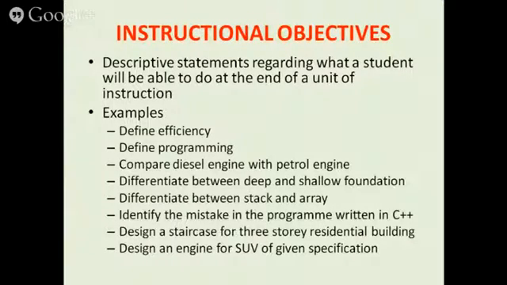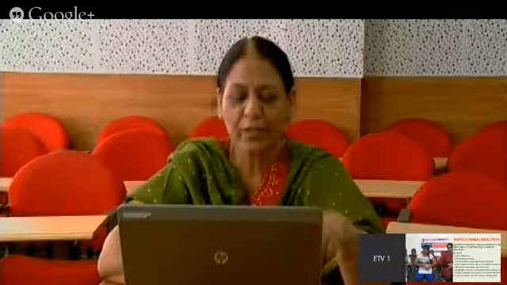Then the third thing you will see, all these objectives have been written in terms of student behavior. We don't say that the objective is in terms of what a teacher wants to do or what a teacher wants to develop. I don't say that a teacher wants to develop the capability among the students to define efficiency. No, I am saying a student will be able to define efficiency.